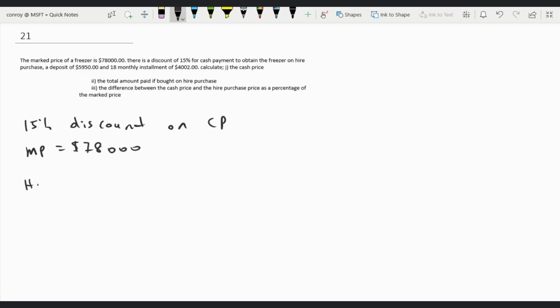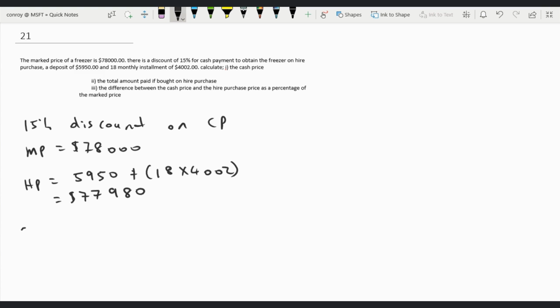So our hire purchase is equal to the 5,950 plus the 18 months times the 4,002. All right, and that would be our hire purchase price, giving us the total of $77,980. This is what you would pay for hire purchase, right?